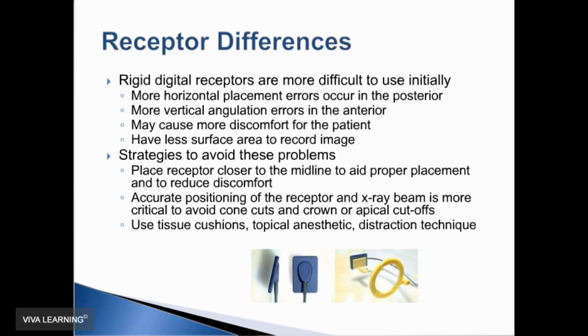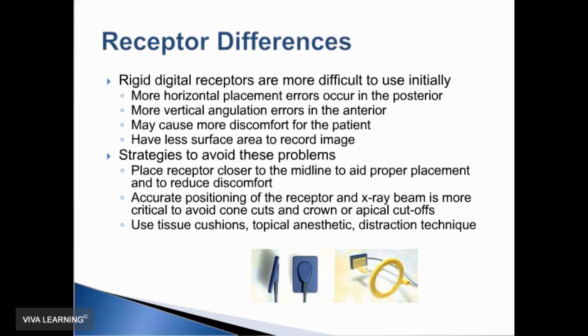Now, if you have made that transition to a digital receptor, you've probably noticed that they handle a little bit differently than film. And the literature bears out that there are more errors with rigid digital receptors when they're first used by the clinician.